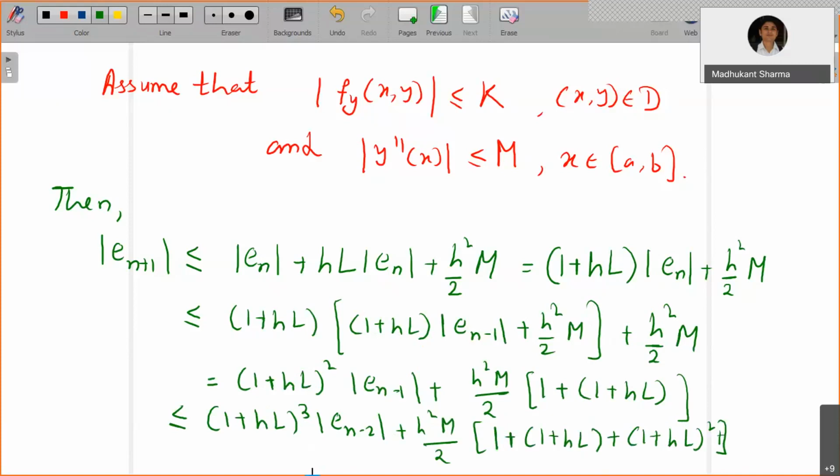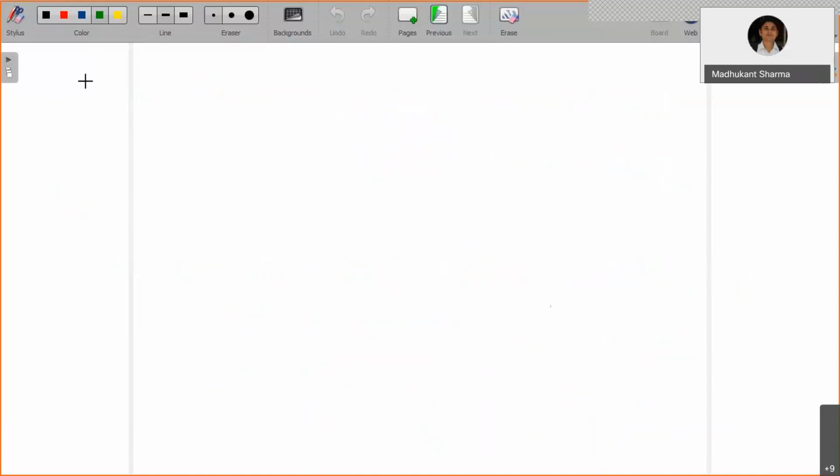So keep on using this recurrence relation. What you are going to get is that mod of E_{n+1} is less than or equal to (1 plus hL) to the power n plus 1 times mod of E_0.